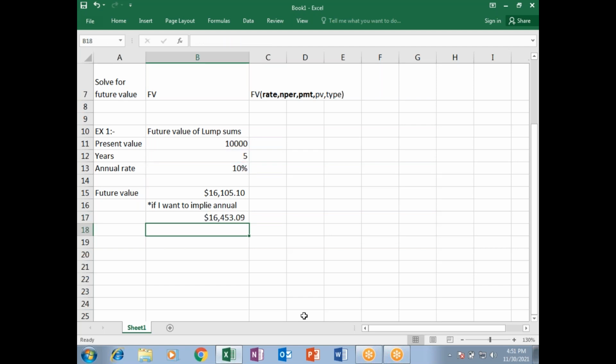And see, the value will change. This one also you can simplify, for the same future value.